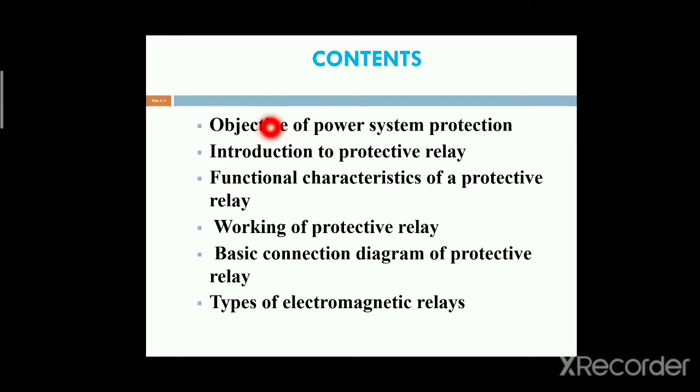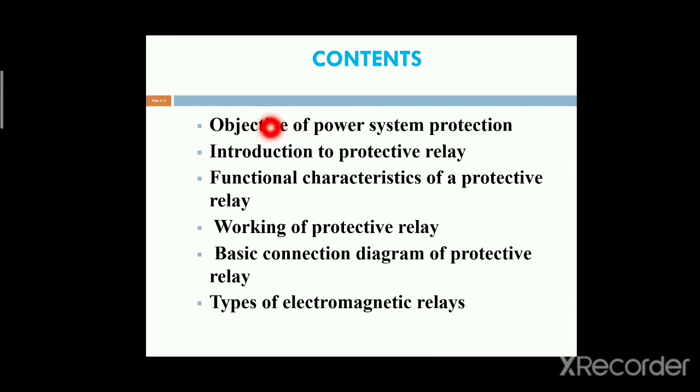Next, the protective schemes required for the power system against abnormal conditions such as fault conditions use various types of protective relays and circuit breakers.